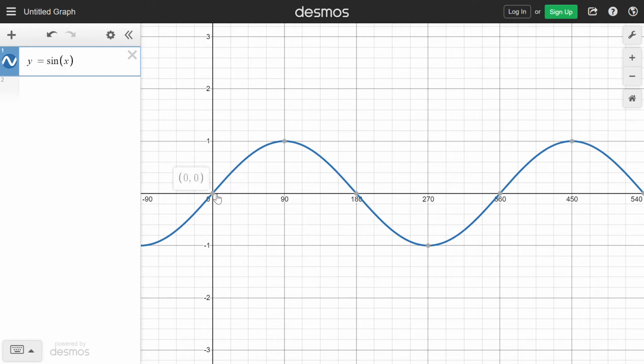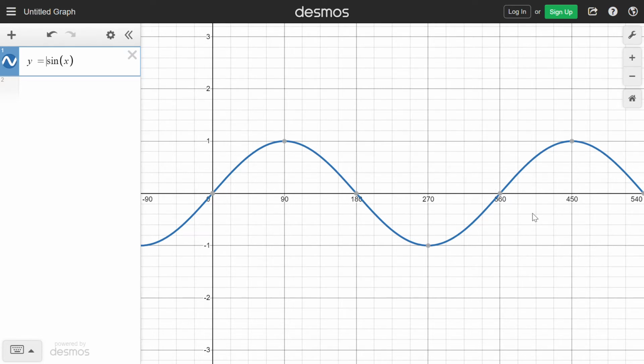So when x is 0, y is 0. When x is 90, y is 1. When x is 180, y is 0. When x is 270, y is minus 1. When x is 360, y is 0.